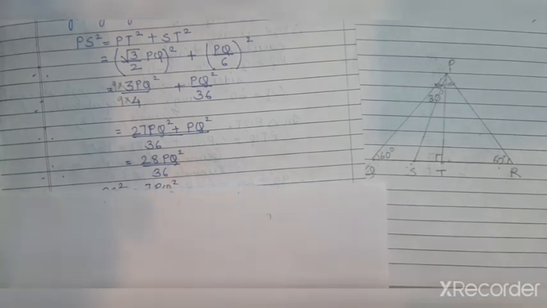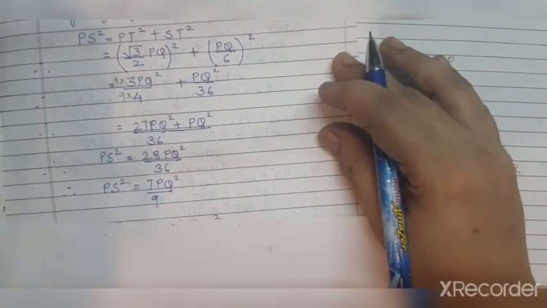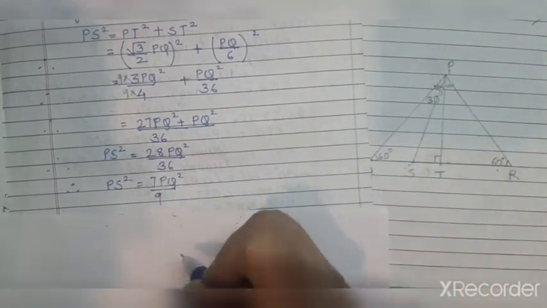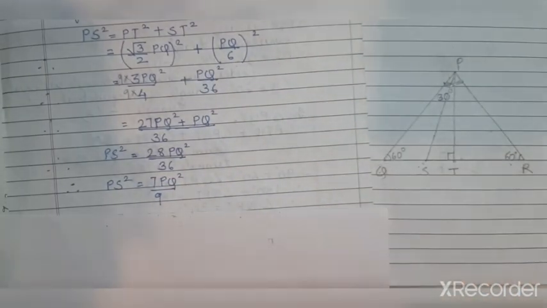Now whatever we have got is PS square equal to this. We will not take square root on both the sides, sorry. We have to leave it as PS square because it is asked to prove PS square.